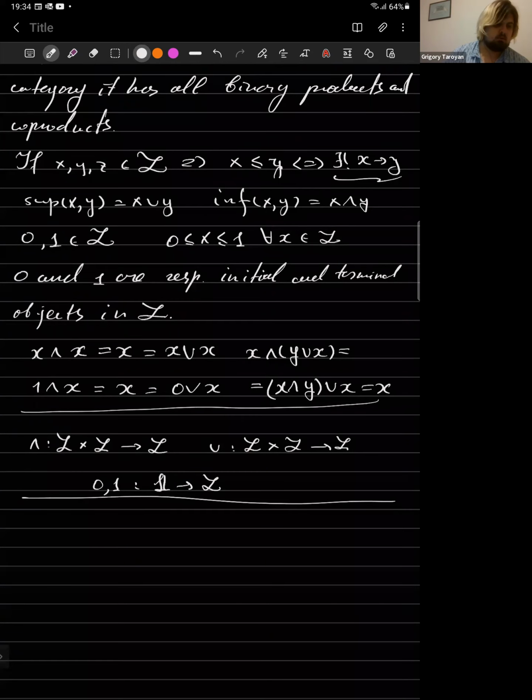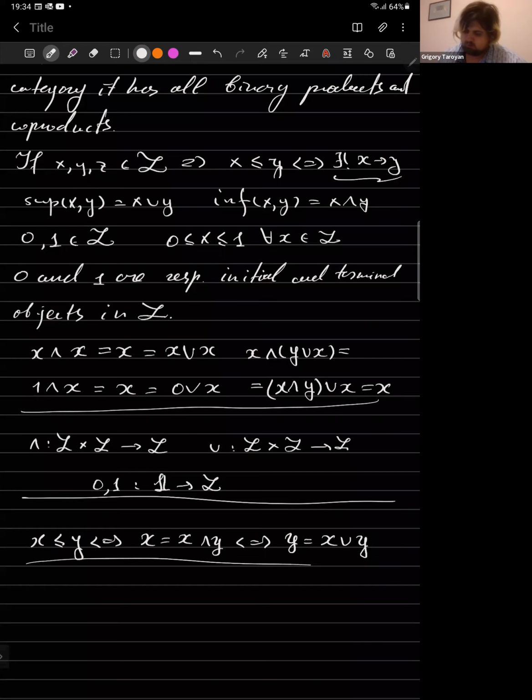And so the poset structure in this case can be restored using the following equivalences. This allows us to restore the poset structure.